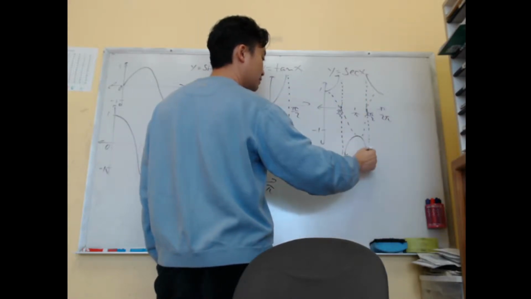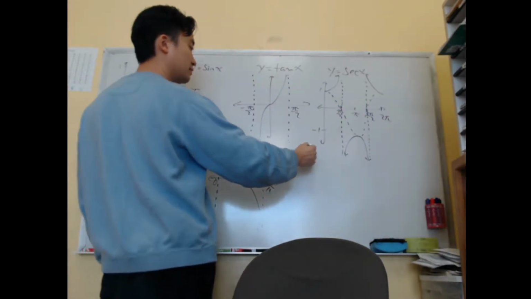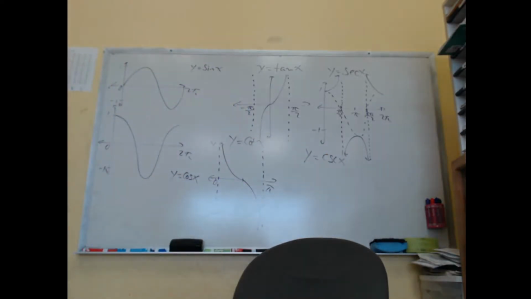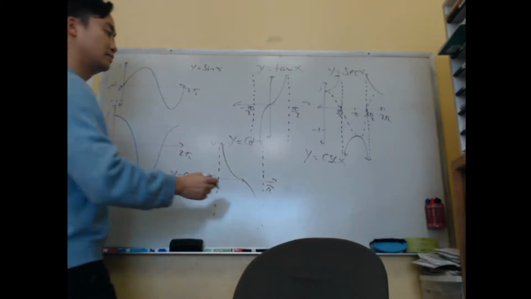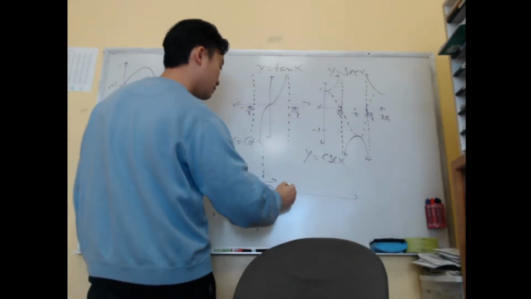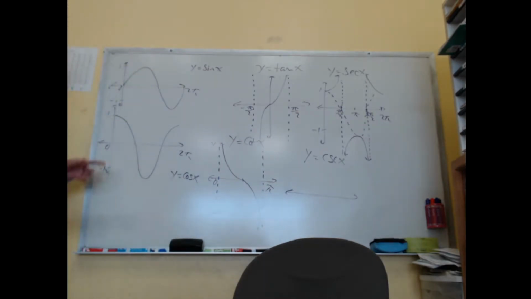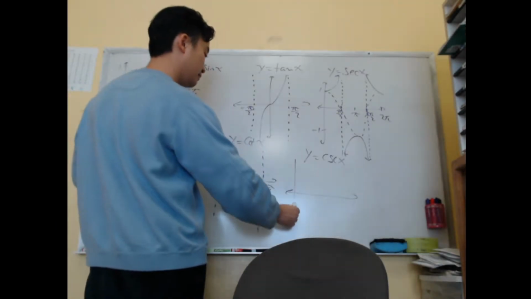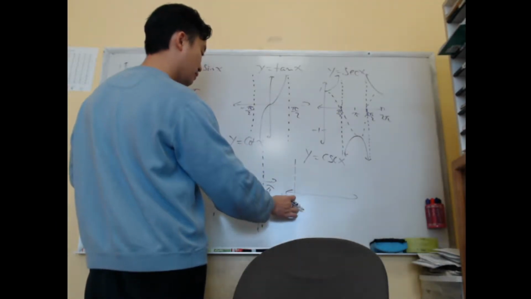Okay, so now what else? What about cosecant? What does that look like for cosecant? Cosecant is based off the graph of sine, right? Yep. So VA.